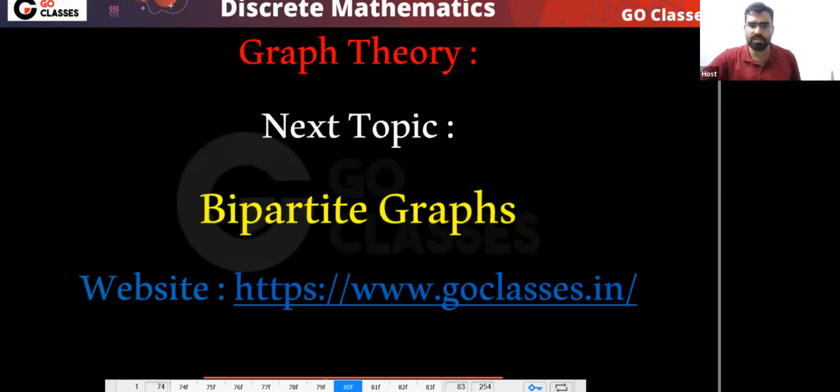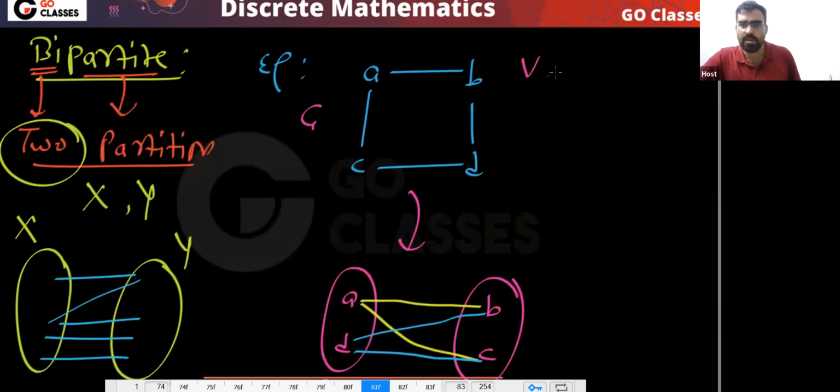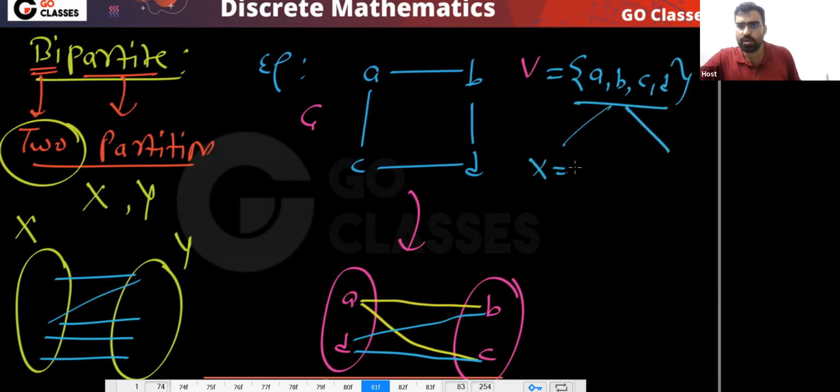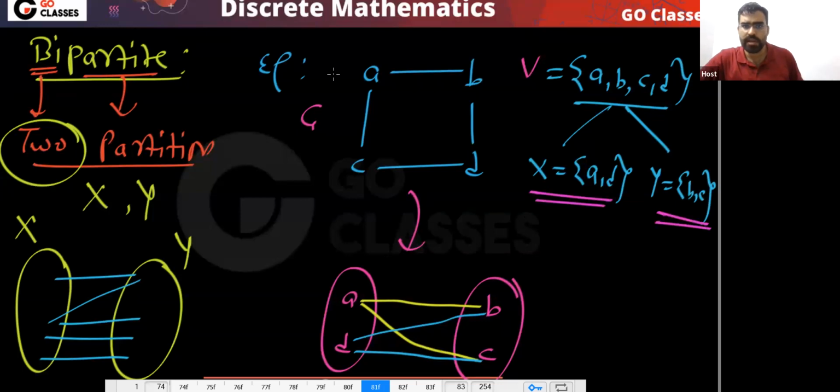For example, in this example, what is your vertex set? That is ABCD. This vertex set you can partition into two parts, A comma D and B comma C. And you can notice there is no edge in this part, and no edge in this part.